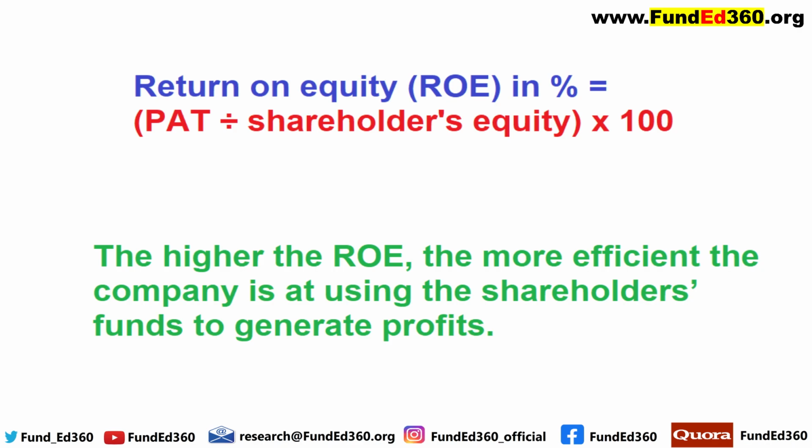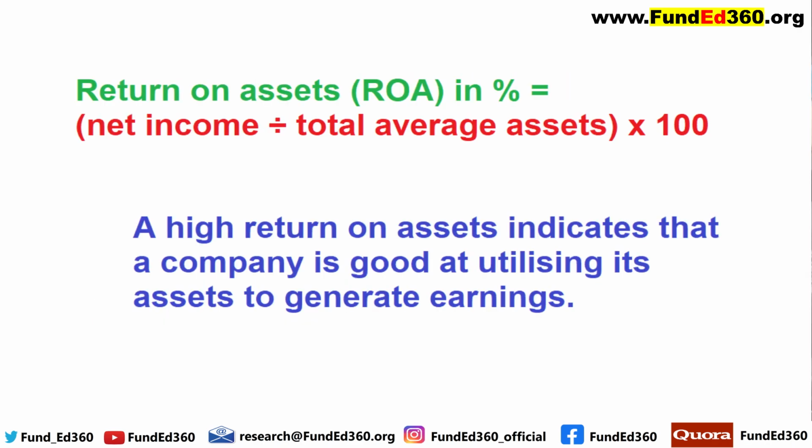So 6,738 divided by 8,031, expressed in percentage, gives the ROE, which you will get as 83.9%. That means the company generated 83 rupees 90 paise on every 100 rupees invested by the shareholders. That's very efficient.